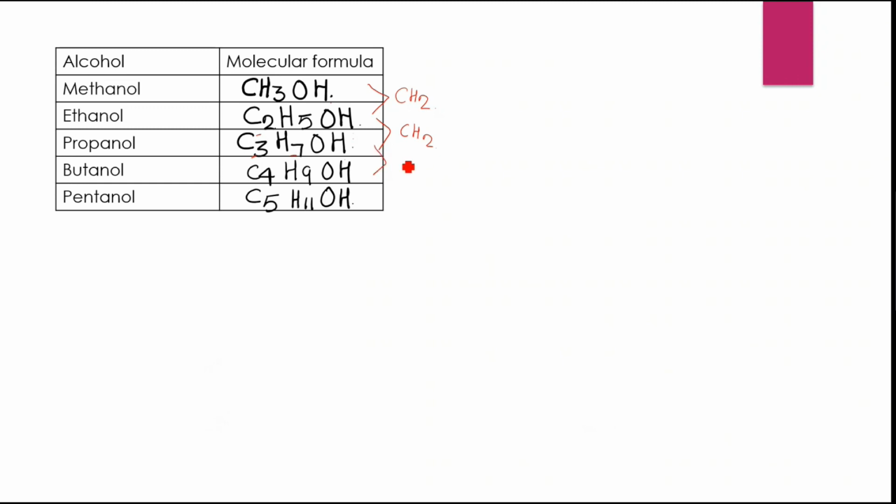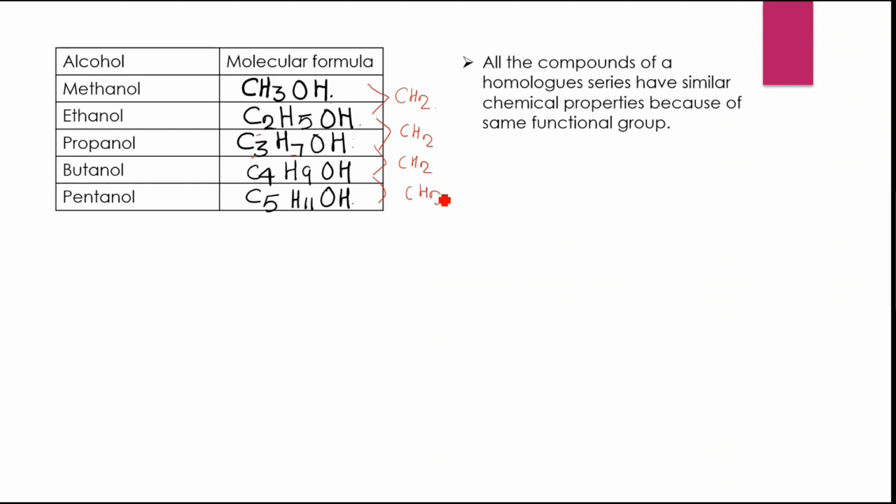Propanol and butanol also differ by a CH2 group, and pentanol and butanol also have a CH2 group difference. So all the compounds of a homologous series have similar chemical properties because they have the same functional group. So here what is the functional group? Alcohol is the functional group. The OH is the functional group here.